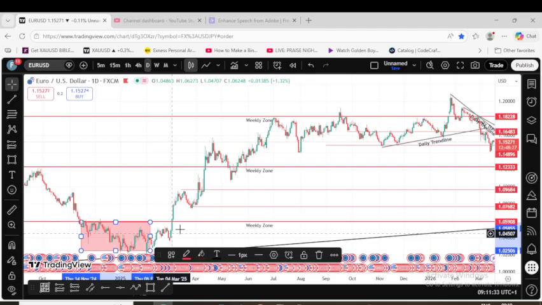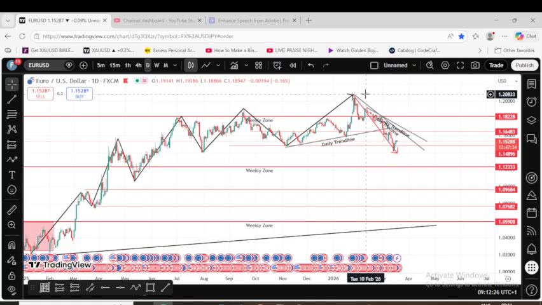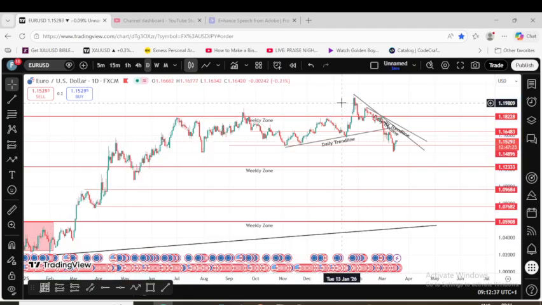So there's been a break of structure on the daily time frame. Since there's been a break of structure, that means two things.